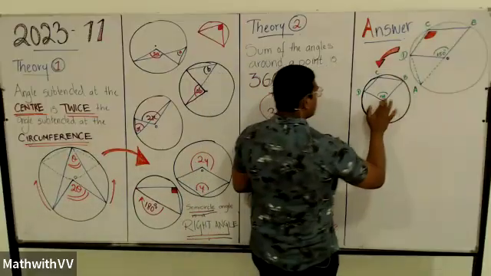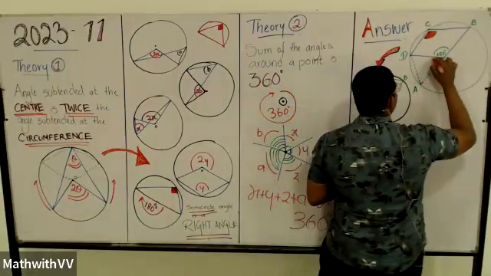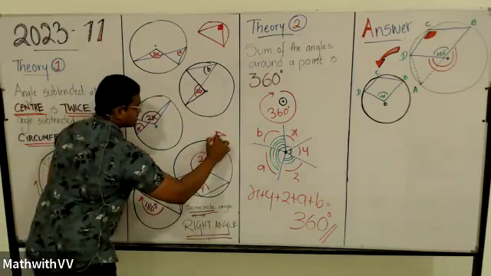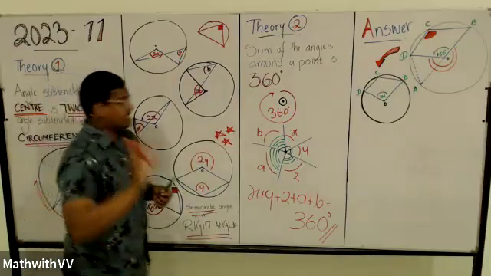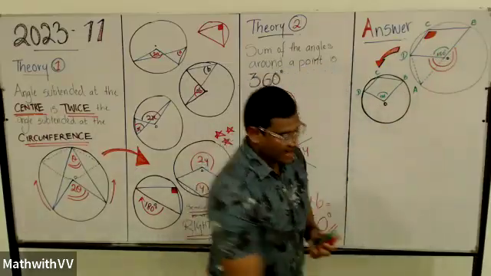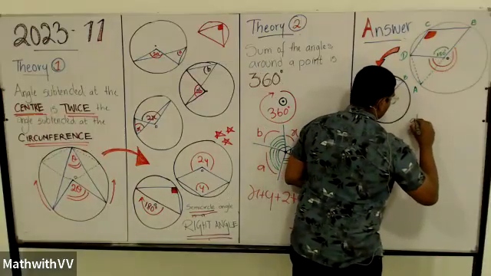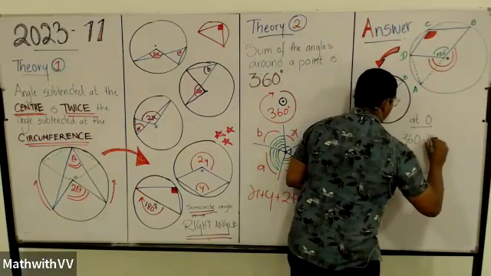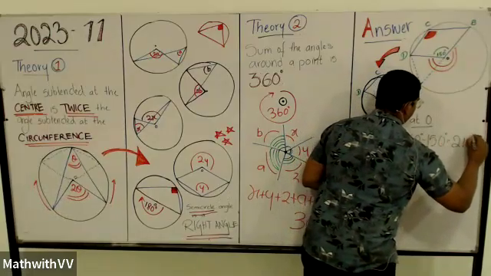Why? I need to find this angle. To find that, what do I need? I need this entirety, similar to this, just upside down. So if this is 150, how do we find it? 360 minus 150 degrees is how much? 210 degrees.